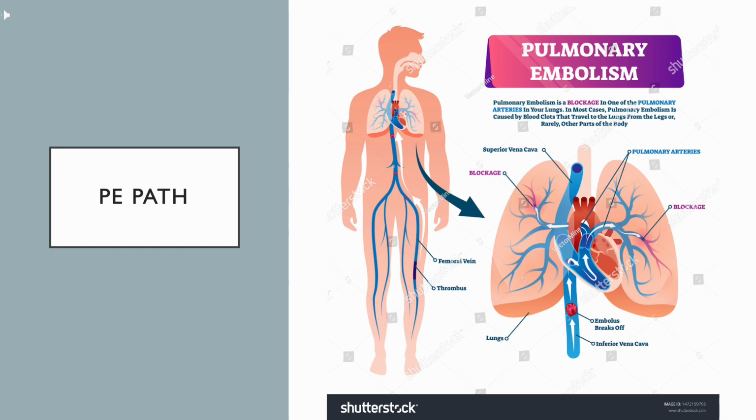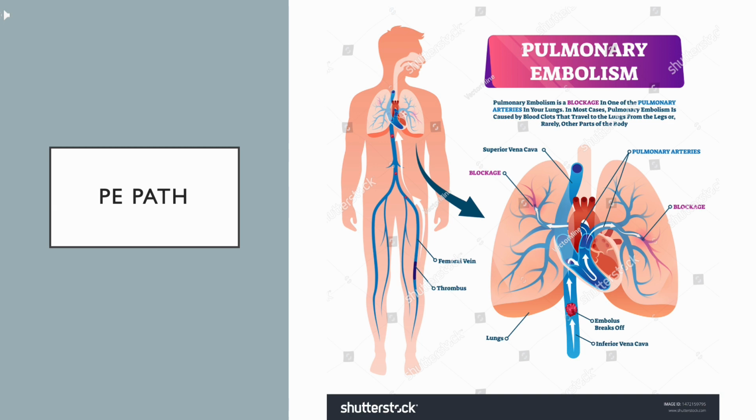This slide just shows how a pulmonary embolism occurs. So generally, there is a blood clot in a lower extremity, such as the leg, and then if a piece of that clot breaks off, it travels up the vein, goes through the inferior vena cava and then into the pulmonary vascular system.